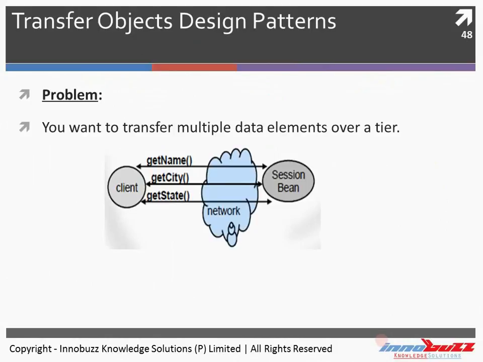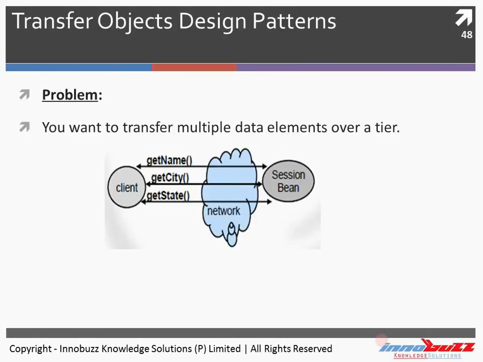Every time, individual data will go: name separately, city and state. So information is sent in bits, and there will be multiple pieces of data over the network. So this will cause network traffic, congestion and also data breakdown.